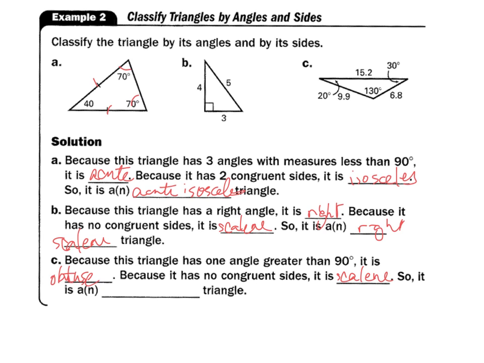So it's an obtuse scalene triangle. That's how we classify them. So in other words, you look for congruent sides. If they don't have it, obviously it's a scalene. Or you look for congruent angles that give you hints as well.